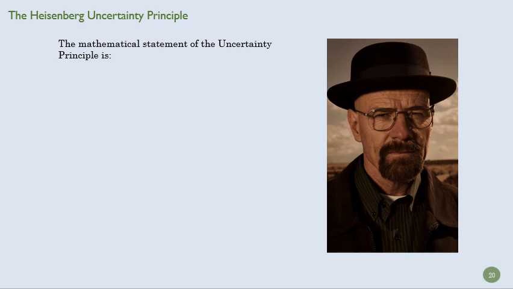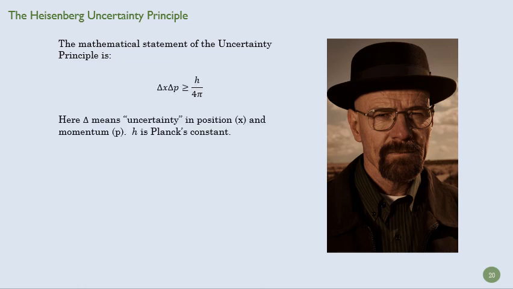Okay, if we want to write the Heisenberg uncertainty principle mathematically, it looks like this. And these terms are delta x here. The delta we usually use as change, but here it means uncertainty. So the uncertainty in x times the uncertainty in momentum, so position and momentum, so we can think of this as our velocity term, is always greater than or equal to Planck's constant divided by 4 pi.